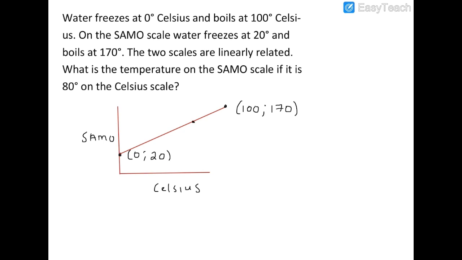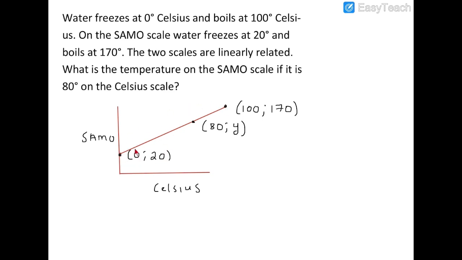And somewhere here, we also have another point that is 80 on the Celsius, and we need to find out what that point is on the SAMO scale. Now, what we have here is what we call collinear points. If you remember, collinear points are just points that lie on the same straight line, and they have the property that the gradient is constant, is uniform between any 2 points here.